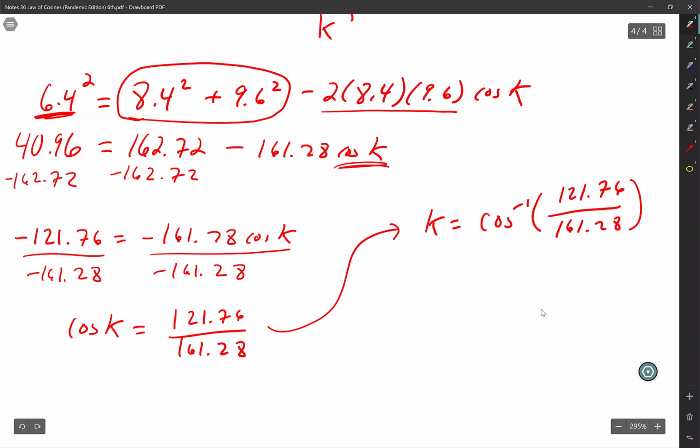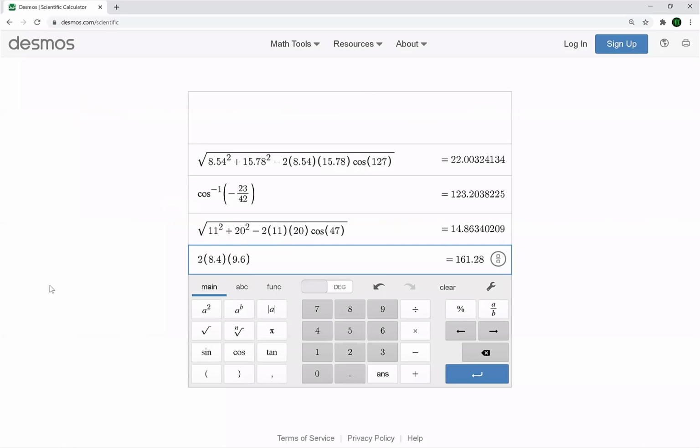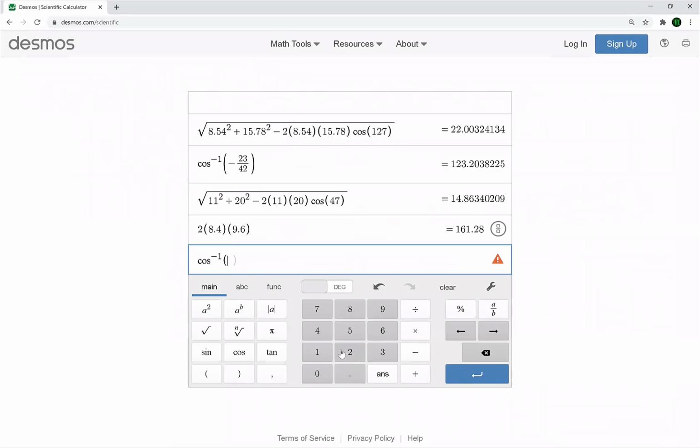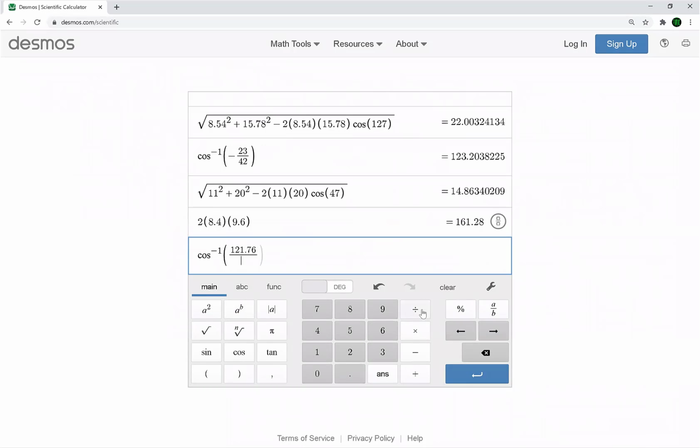I think I can remember that. Let me know if I make a mistake when I'm typing this in. Come back here. It was arc cosine of 121.76 divided by, I think it was 161.28.